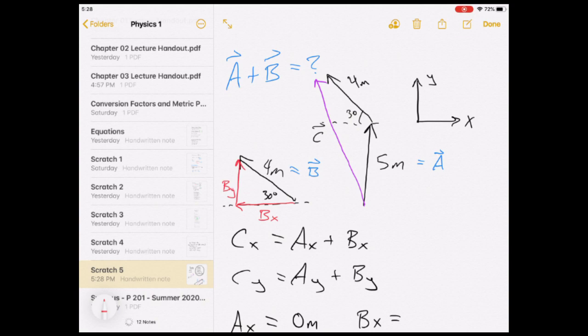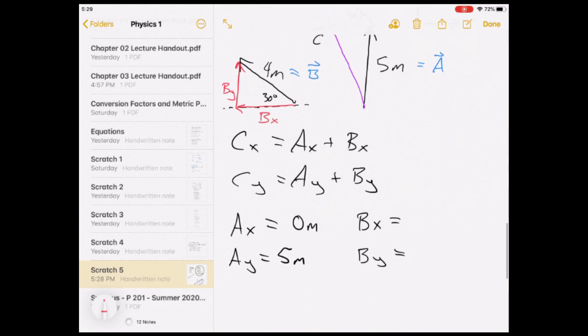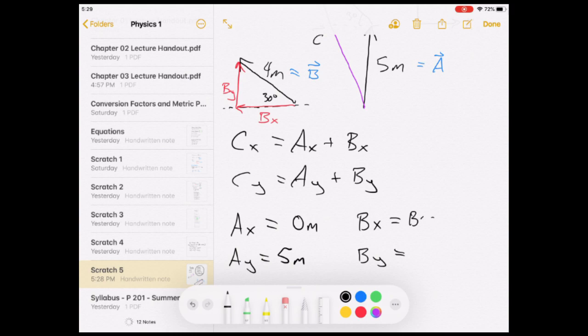B sub X is to the left, so it's negative. And it looks like X is adjacent, which is cosine. So let's do that. So B sub X is B times cosine theta. B sub Y is going to be B times sine theta.